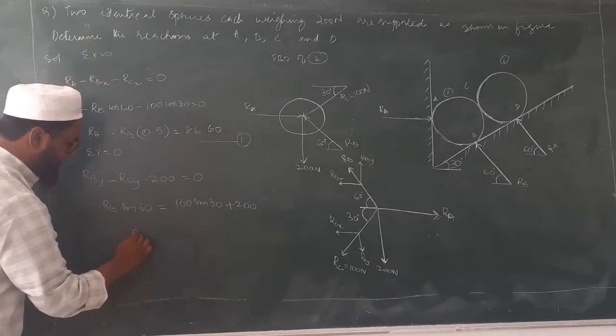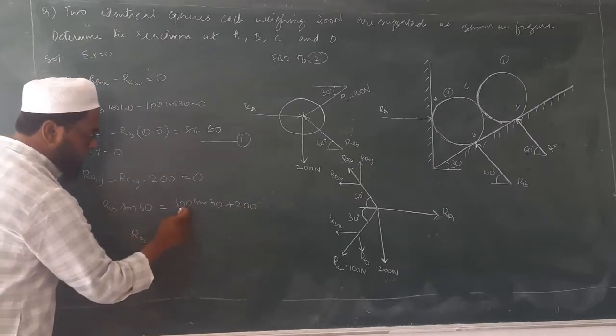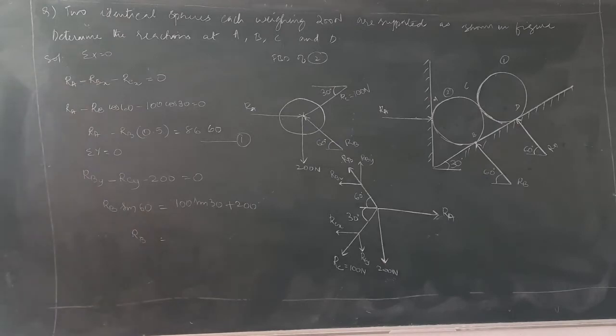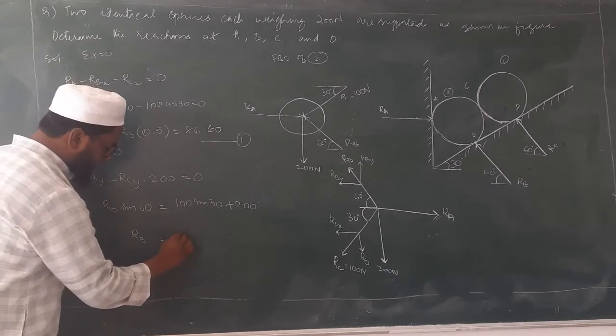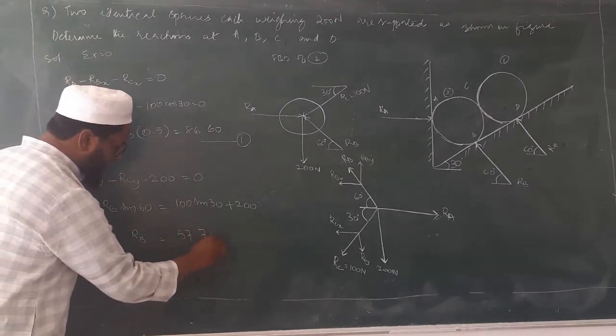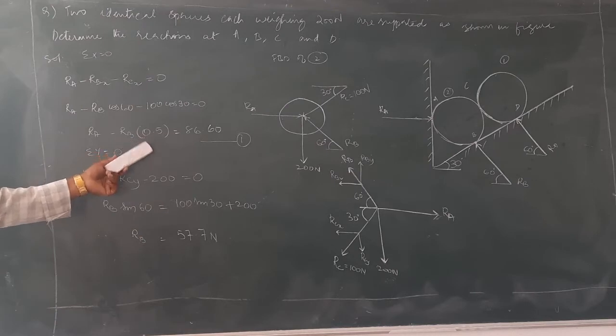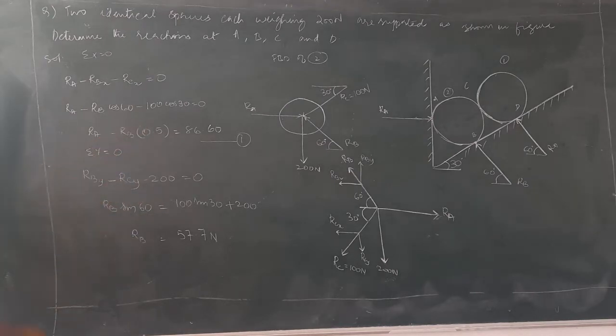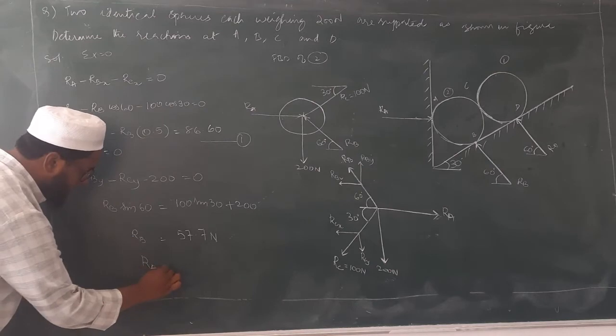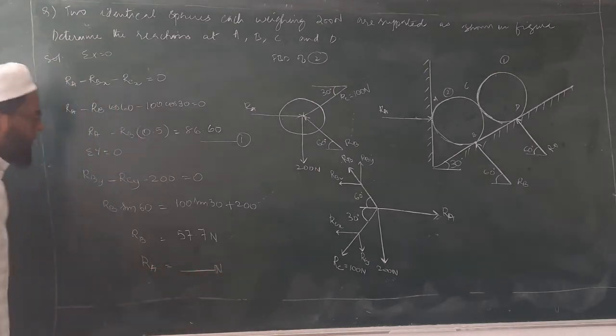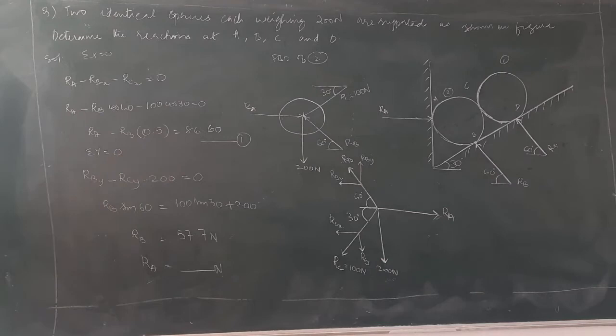So tell me, this whole value divided by sine 60 will give you the value of RB. 57.7 newtons. Okay. Now, if you substitute RB in equation number 1, you will get the value of RA. Substitute here.